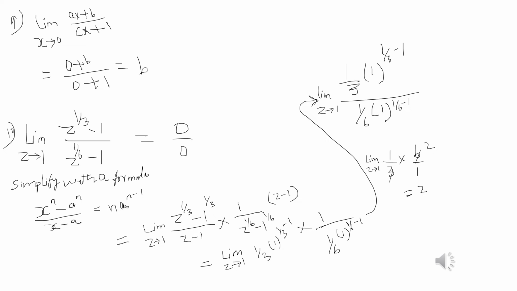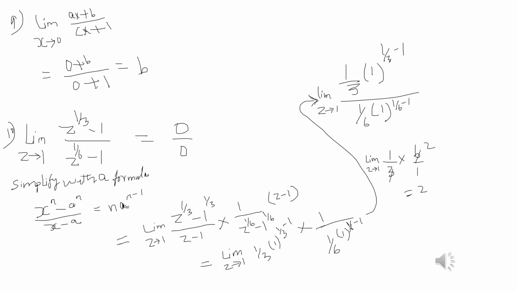Simplification is simple because we already saw the formula in the previous question: x to the power n minus a to the power n divided by x minus a gives n into a to the power n minus 1. Here you have to make the existing expression into the form of that formula, for which I am dividing and multiplying by z minus 1.